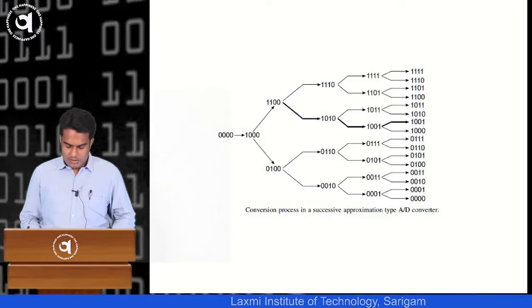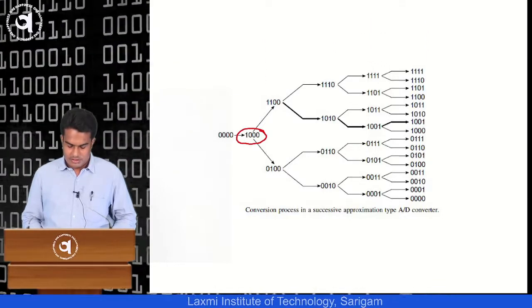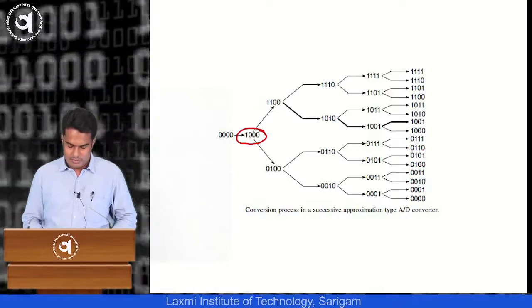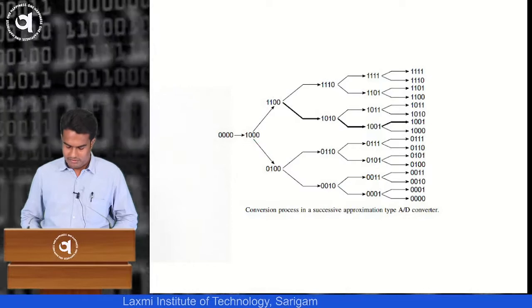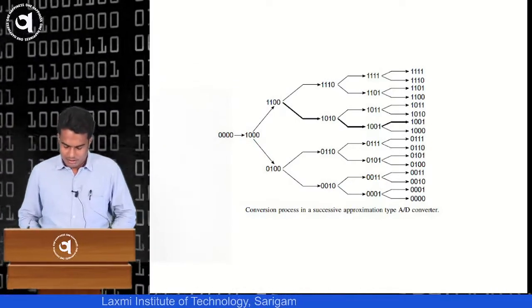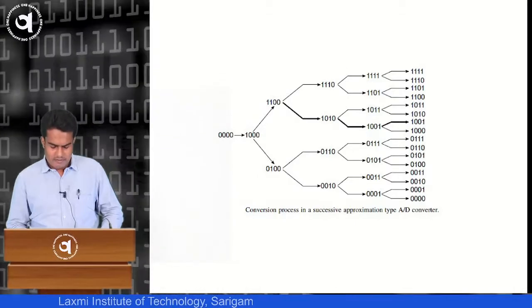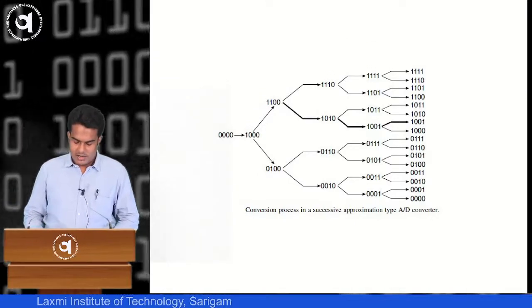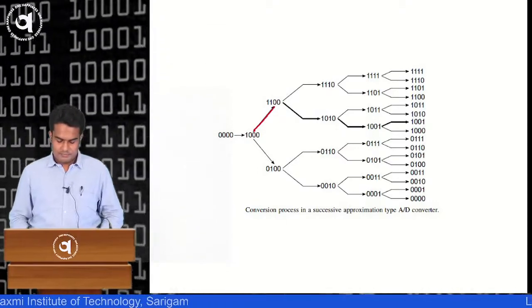If you look into the conversion process, first the successive approximation register will produce an input where the MSB equals 1 and all other bits are 0, and it will be compared with the analog value. If the analog value is higher than the digital value, it will go in the upward direction.